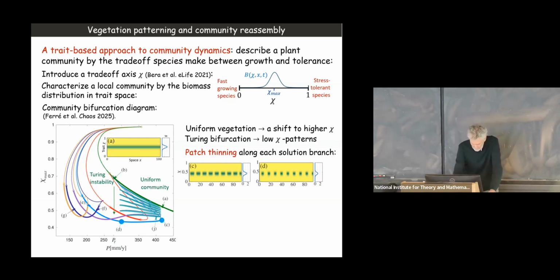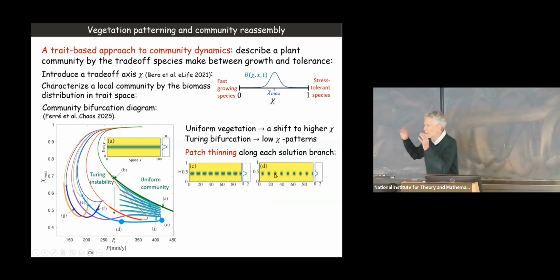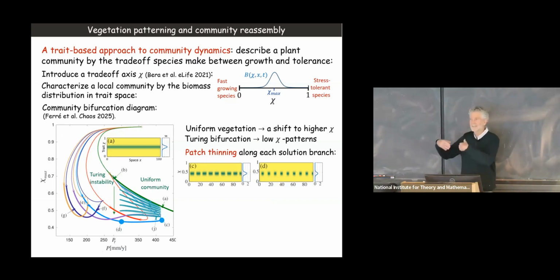Compare here points C and D: chi almost doesn't change. But if we look at the patterns, in C the patches are big, in D they are much smaller. So we have what we call patch thinning.